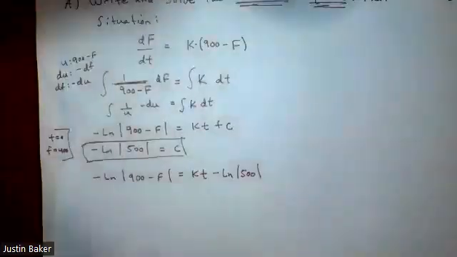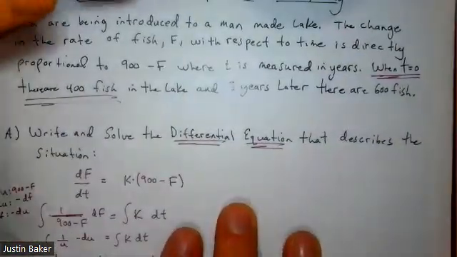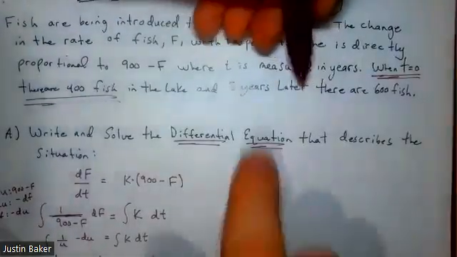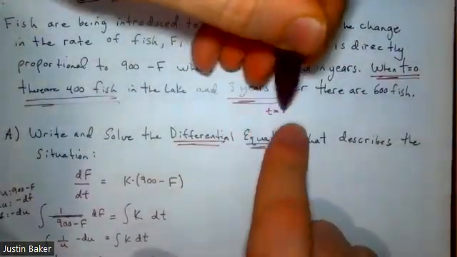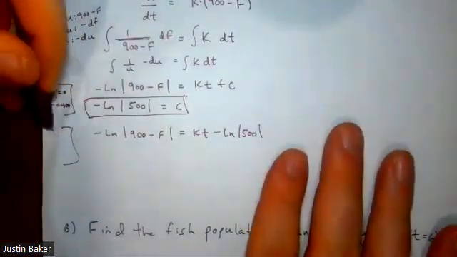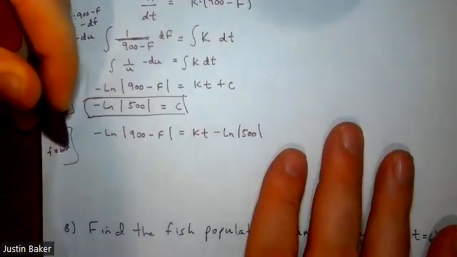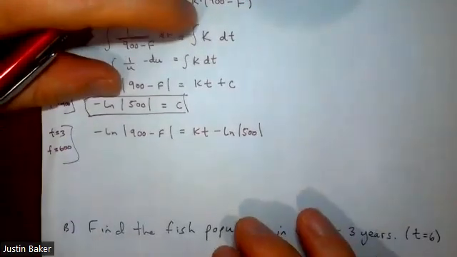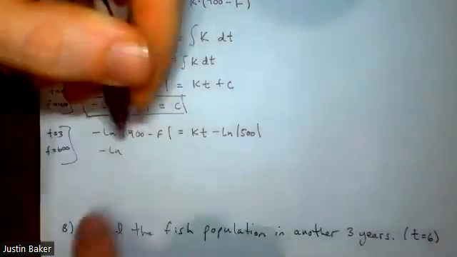And we have another piece of information from up above that says, well, it doesn't say t equals, but 3 years later would be t equals 3, and now there's 600 fish. So we also know that at t equals 3, the fish value is 600. Okay, so let's plug that in. That's negative natural log.